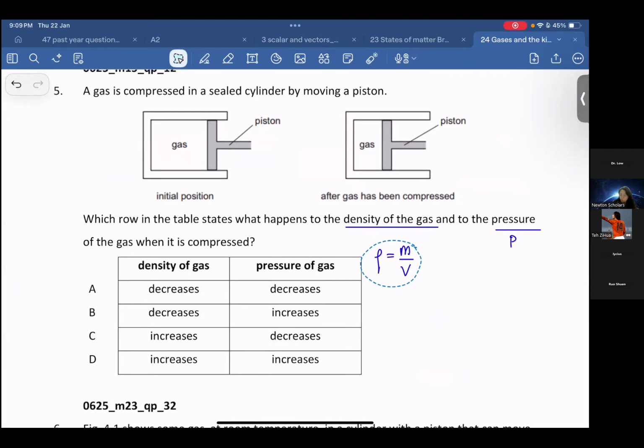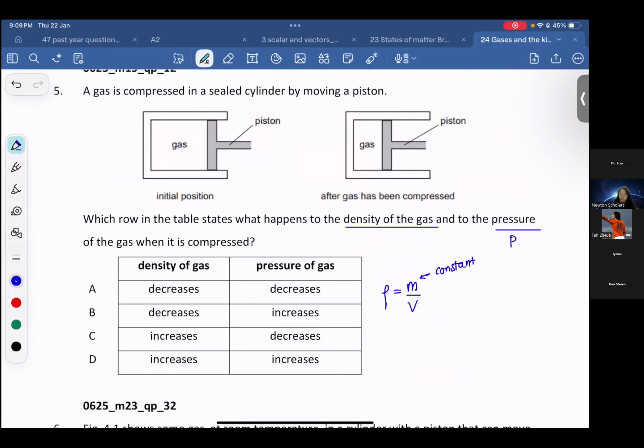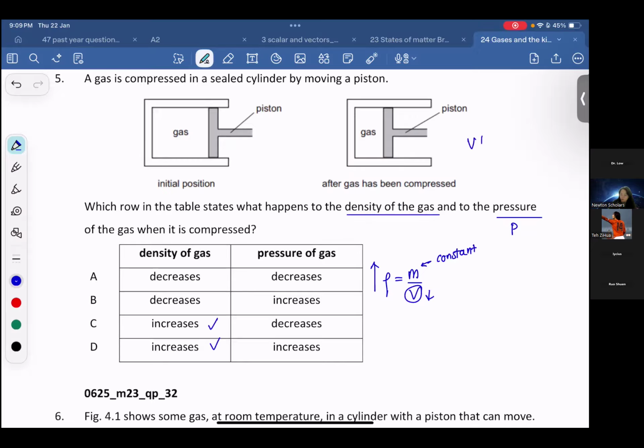As I told you, we have to always remember mass is always constant. So when your volume decreases, your density should increase. So answer C or D. Volume decrease, pressure should be higher, increase, so the answer should be D. Question 5, answer is D.